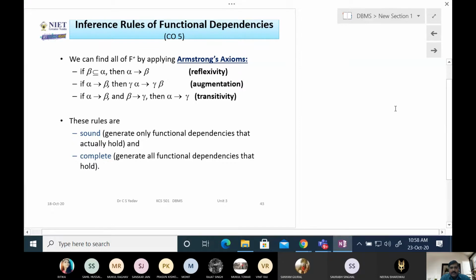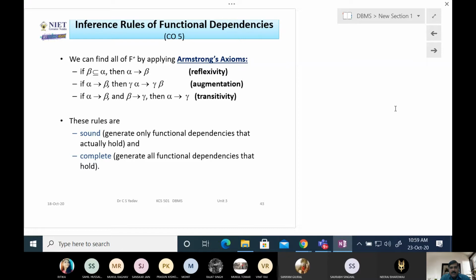First rule is reflexivity rule. And as you all know, if beta is a subset or equal to alpha, then alpha determines beta. This is called reflexivity rule. And it is also called trivial FD.